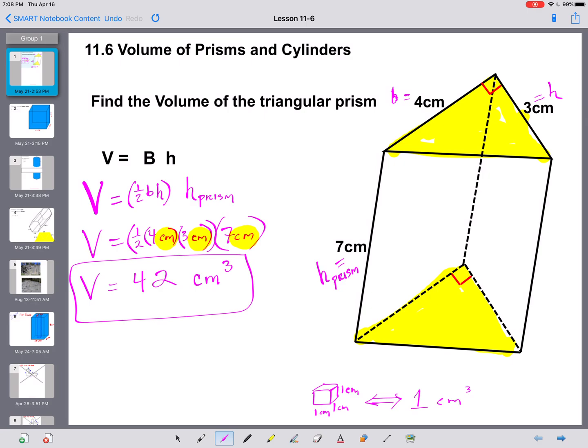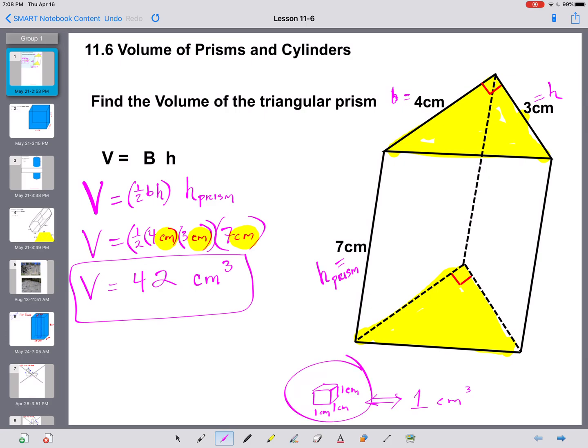For this triangular prism, we're able to shove inside 42 cubic centimeters. We're able to shove inside 42 of those little cubes.